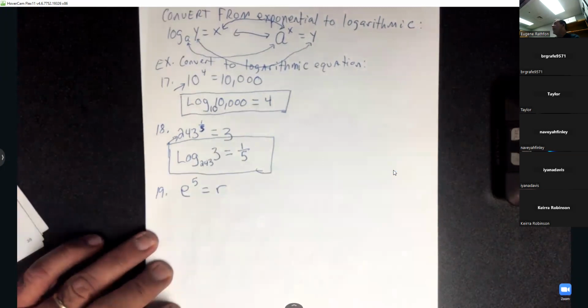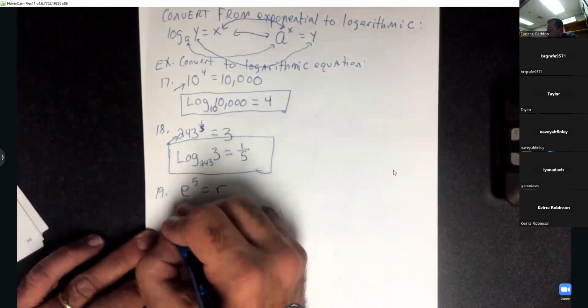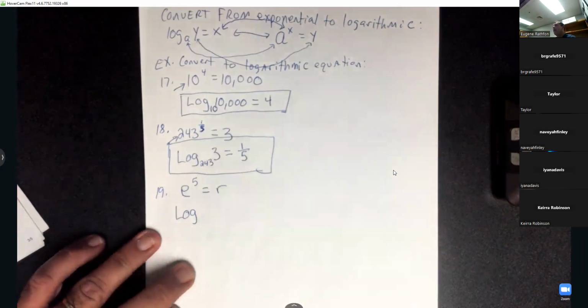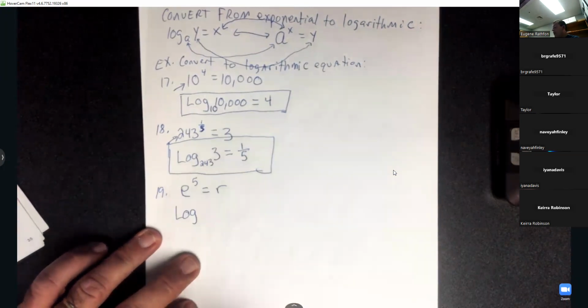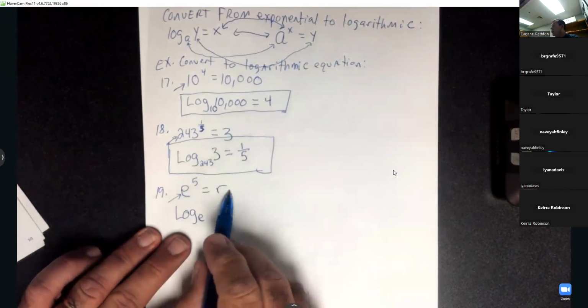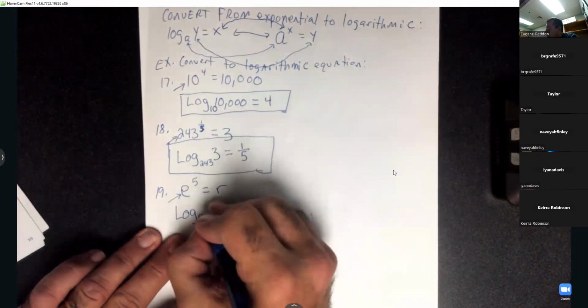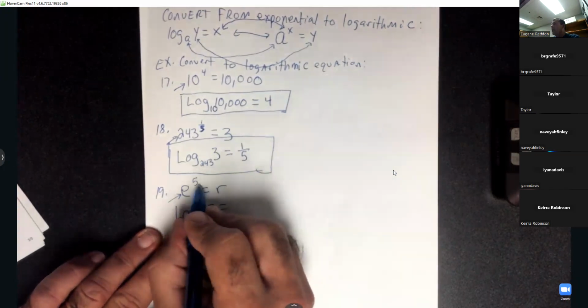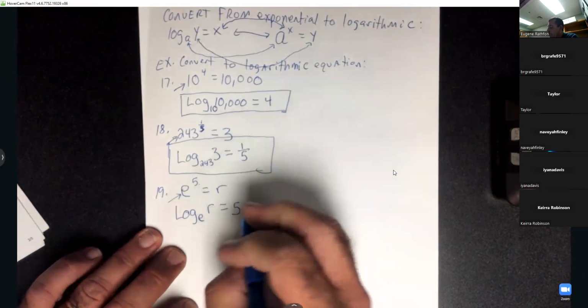All right, e to the 5th equals r. So bring down your log. The base of this logarithm is the same as the base, which is the e. The result is our r. That's going to equal our exponent of 5.